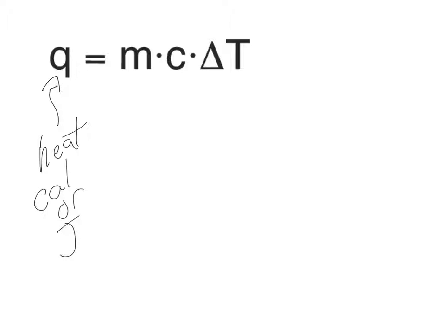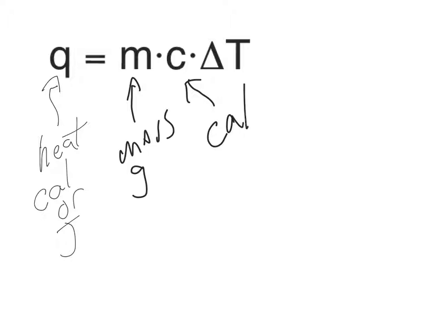Okay, then we also have the mass, which is M. That is in grams. And then we have C, which is specific heat capacity. And remember, that one's in calories over grams times degrees Celsius.